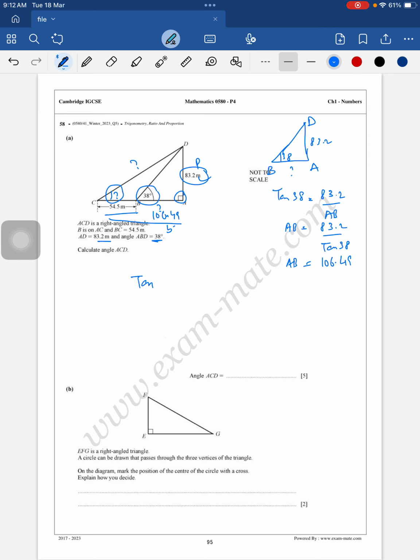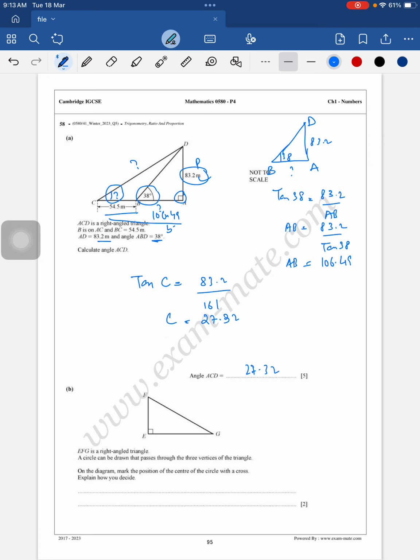Angle C is equals to perpendicular upon base, that is 161, right? 54.5 plus 106.5, that's 161, right? Tangent inverse of 83.2 upon 161, that is 27.32. So C is equal to 27.32.